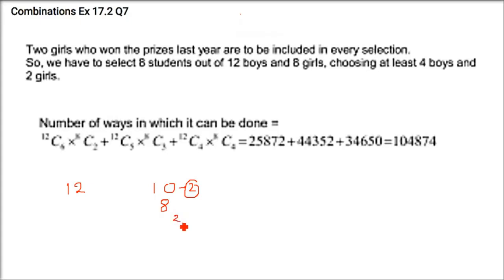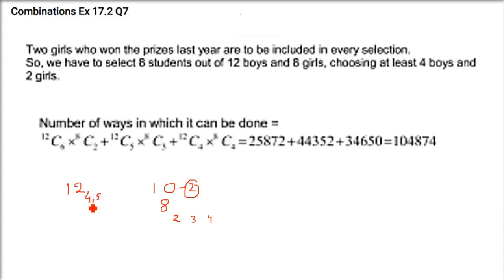Since 2 are already taken, the girls' options are 8 and the selection is only 2, right? At least 2 girls, right? So you can have 2 girls, 3 girls, 4 girls. In boys, 12 boys. So at least 4 girls have to be selected.